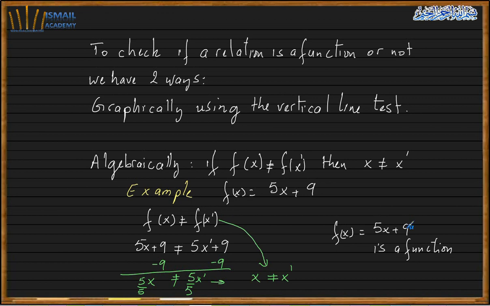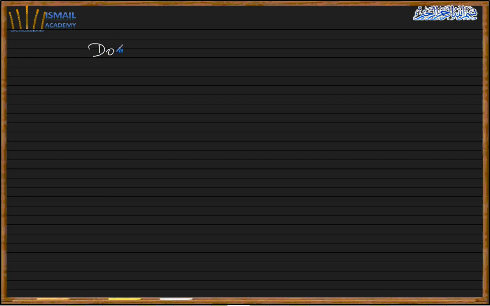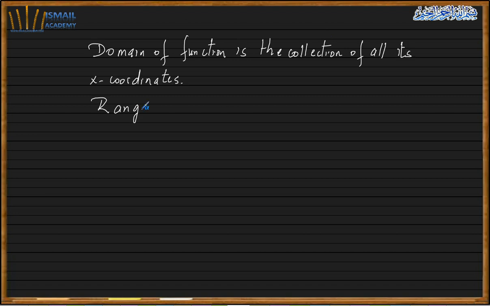So it's exactly what is the domain and the range of the relation. The domain is the collection of all its x coordinates. The range is the collection of all its y coordinates.